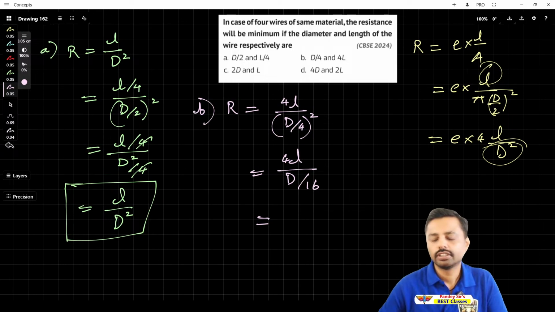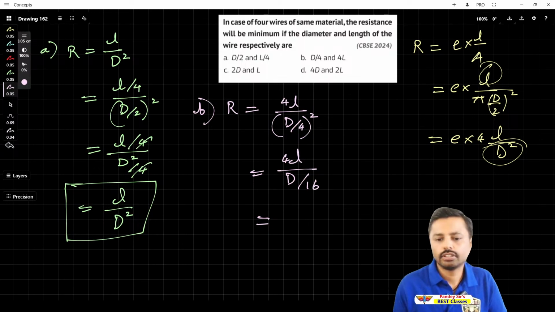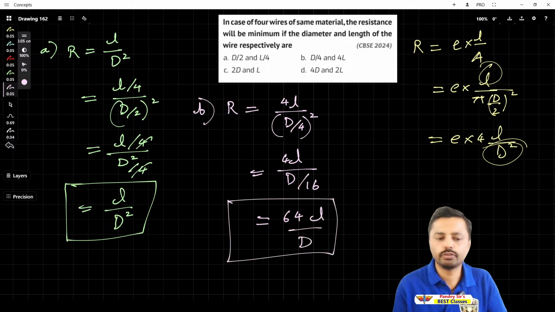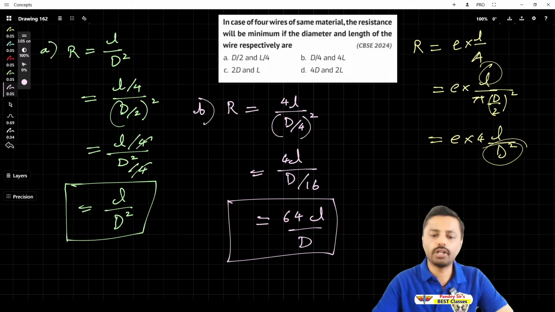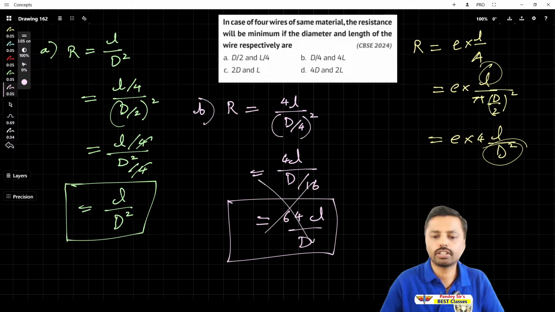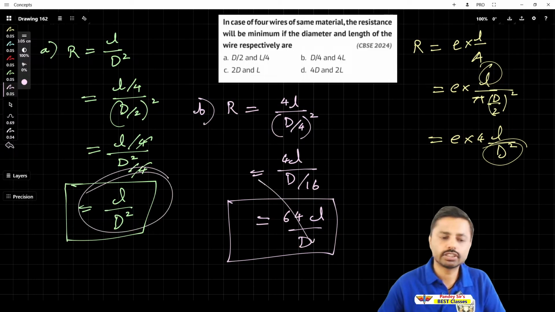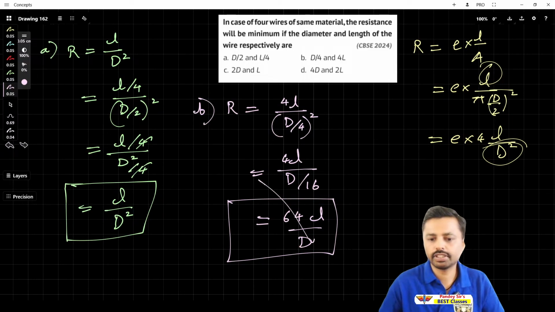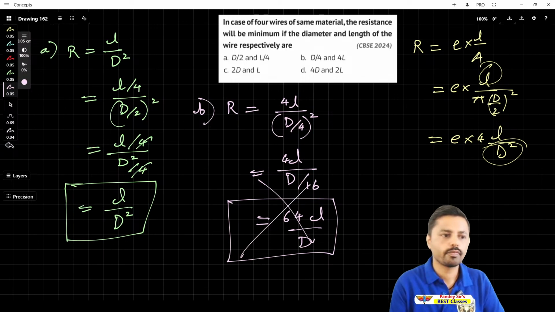Actually, wait a minute. Yes, it actually increased so much. 16 times 4, can you tell? 64 L by D square. So this is actually a bigger value. We have to get a small value, but we got a bigger value, 64 times. So B is not the answer, and A is obviously not smaller either. So this could be the answer, but this is not the answer.